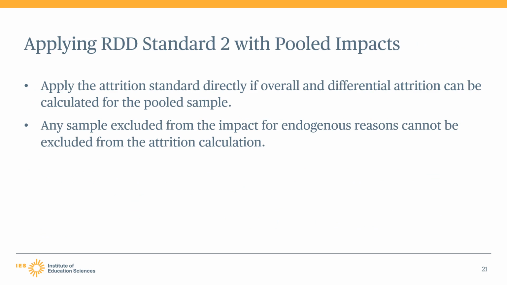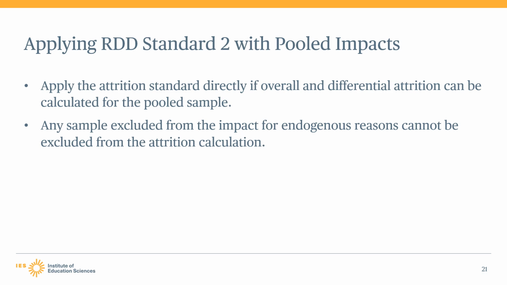Recall that some RDDs may report pooled impacts for some combinations of forcing variables, cutoffs, and samples. Remember that pooled impacts are defined as those based on data from each combination of forcing variable, cutoff, and sample that are standardized and grouped into a single data set for which a single impact is calculated.